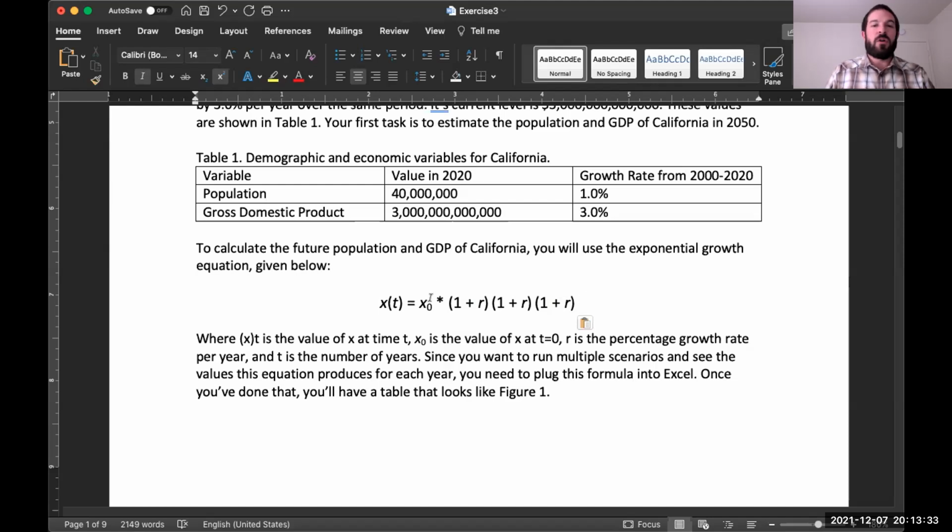Okay, so I could multiply 1.01 by 1.01 and then multiply it by 40 million, and then multiply it by 1.01 again, and I would still get the same number as if I multiplied 1.01 by itself 3 times and then multiplied by 40 million.